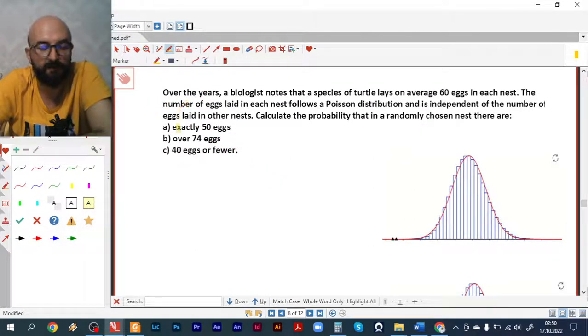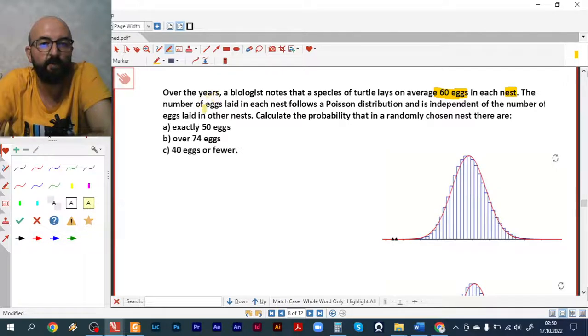For the first example: over the years, a biologist notes that a species of turtle lays on average 60 eggs in each nest.